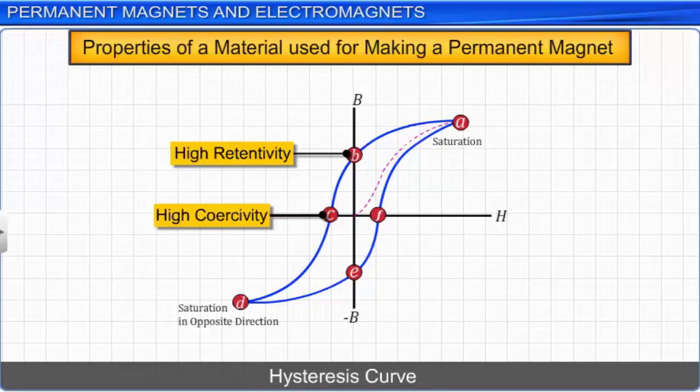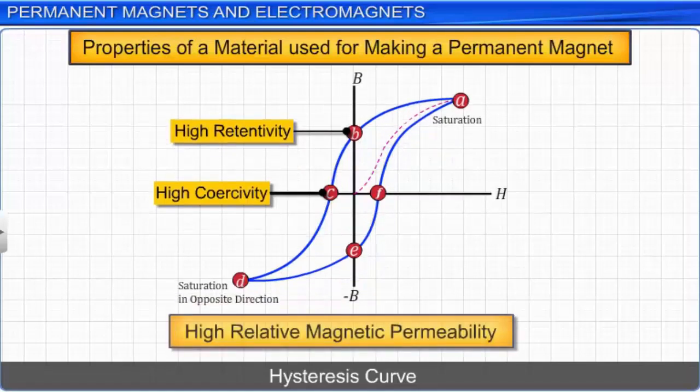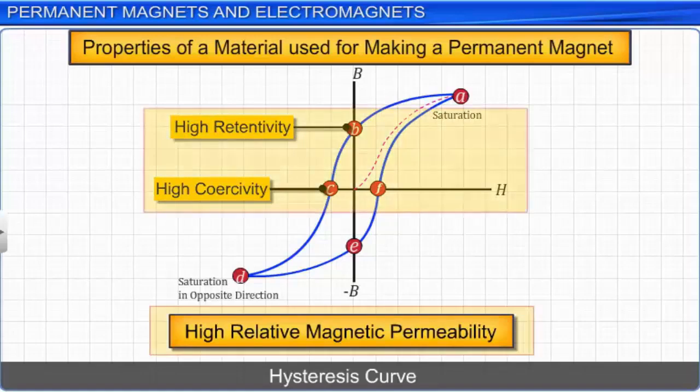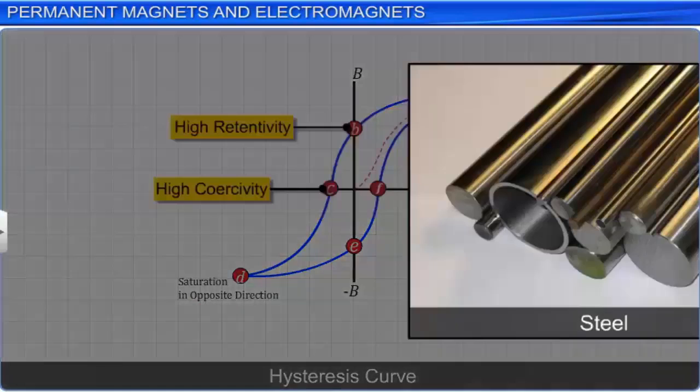Also, the material should have a high relative magnetic permeability so that it can be easily magnetized. Thus, taking into consideration of all the properties, steel is the most suitable choice. The other suitable materials are alnico, cobalt steel, and taconil.